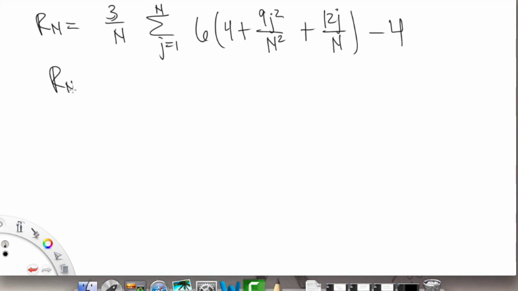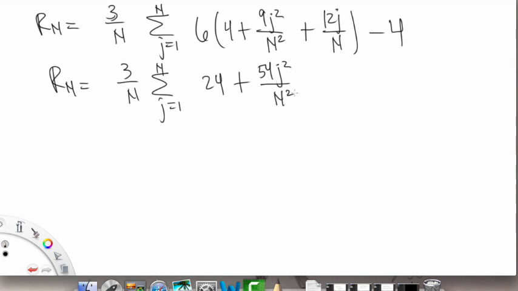If we continue simplifying, we have 3 over n times the sum from j equals 1 up to n of 24, if we're distributing the 6, plus 54j squared over n squared, and plus 72j over n, since 6 times 12 is 72, and minus 4.